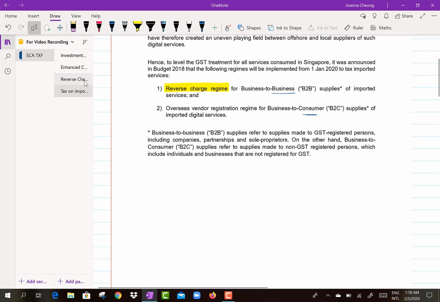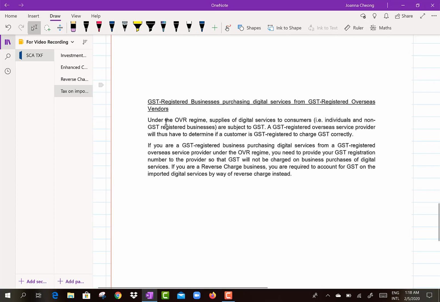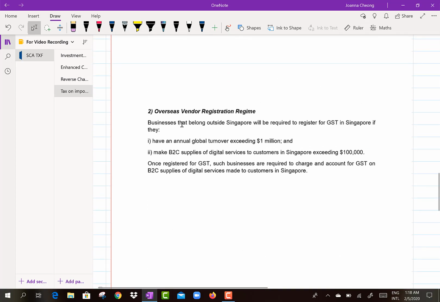So how do the overseas supplier businesses know that they are liable to register for GST? Those are the businesses that belong outside Singapore. They will be required to register for GST if their annual global turnover exceeds $1 million, Singapore dollars of course, and at the same time they make B2C supply of digital services to customers in Singapore of more than $100,000.